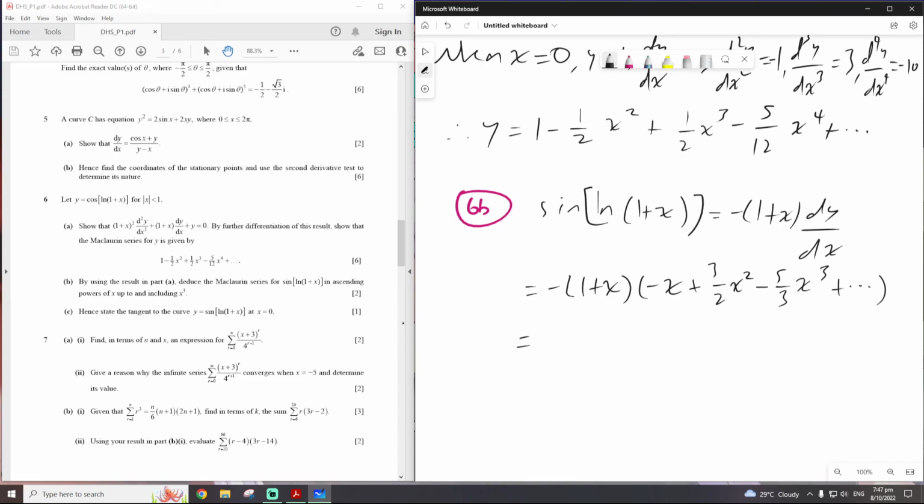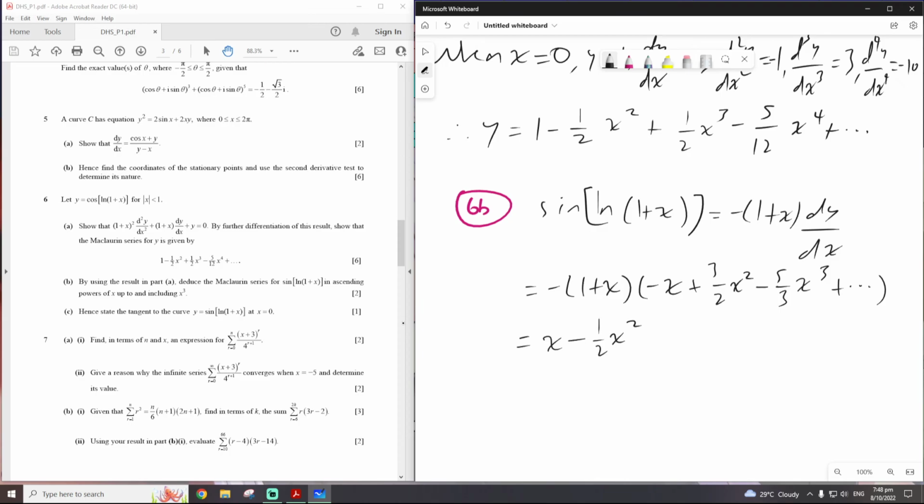So from here you can work out what the terms are. There's no constant term, but there is an x squared term, negative, and then half. So this is a positive half because of the negative outside. Oh, I forgot there is an x term actually, which is just x itself, minus half x squared.